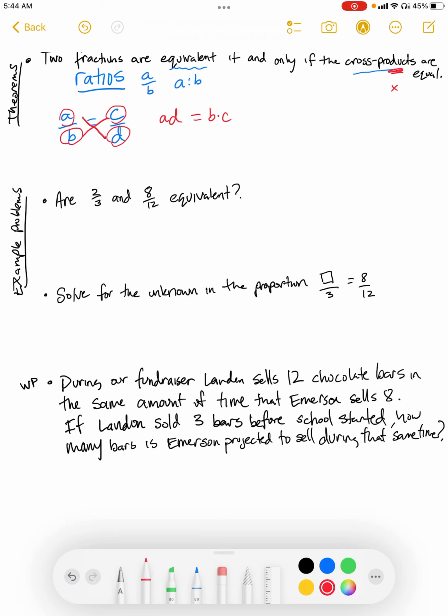A proportion is exactly this here. If you have two ratios that are equivalent, then we know it's a proportion. Likewise, in math, you'll begin to encounter this if and only if.